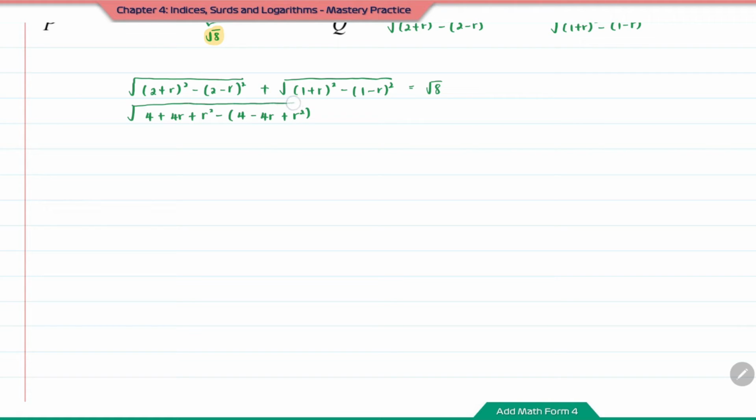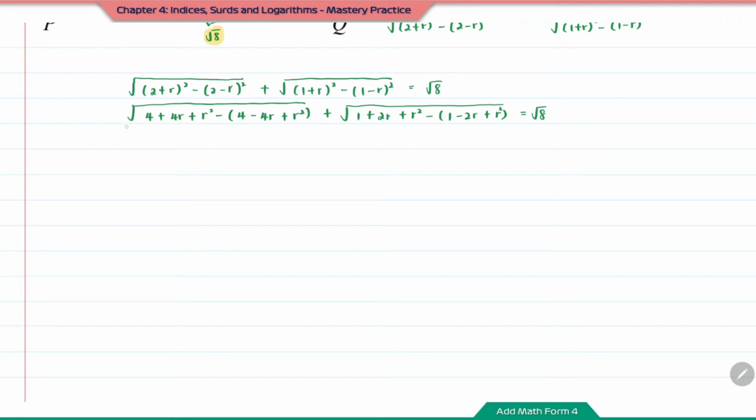So this will be the square root, plus the square root of 1 plus 2r plus r squared minus, then put a bracket here, 1 minus 2r plus r squared, and equal to the square root of 8.